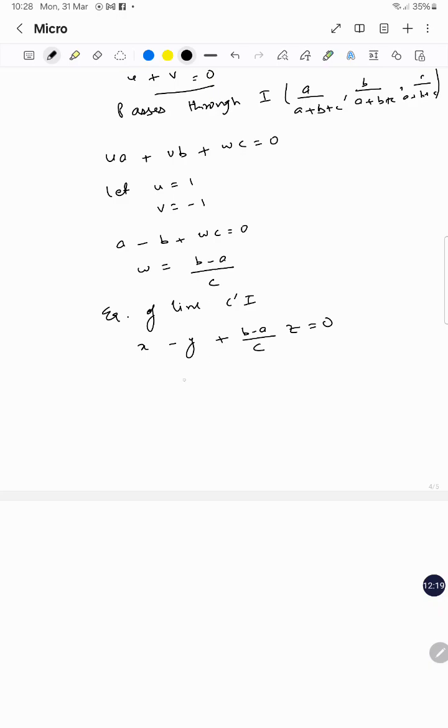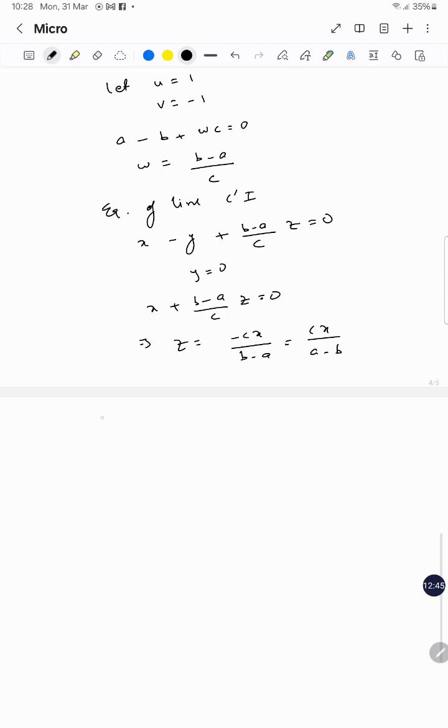If we intersect it with AC, whose equation is y equals 0, we get x plus b minus a upon c, z equals 0. So z is equal to minus x, or cx upon a minus b.